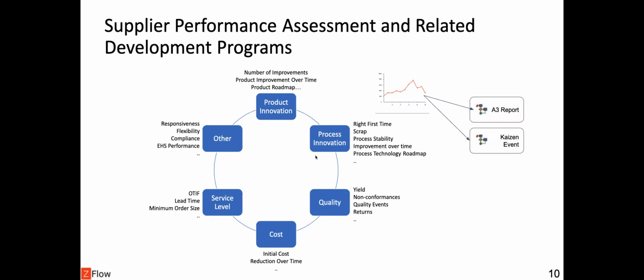And it needs to be pretty transparent. Based upon the performance, you may jointly agree upon certain types of improvement programs. Where we come from, they were all organized as A3 report projects or Kaizen events. You can pick your methodology on how to do improvement projects, but these two are our favorite.